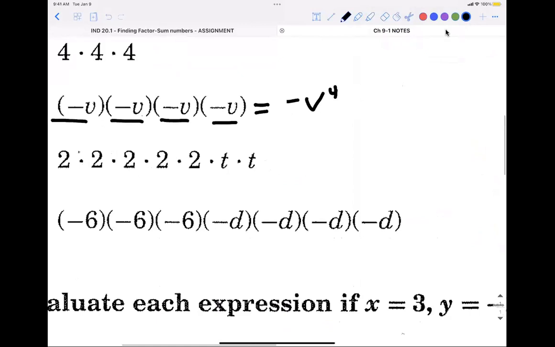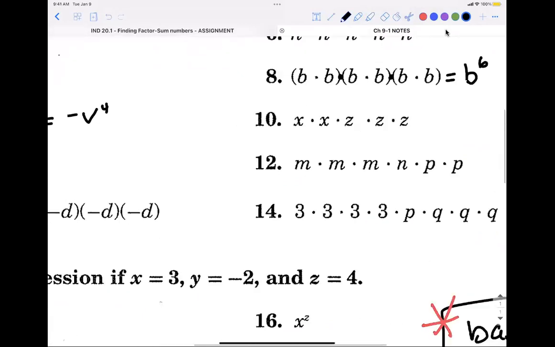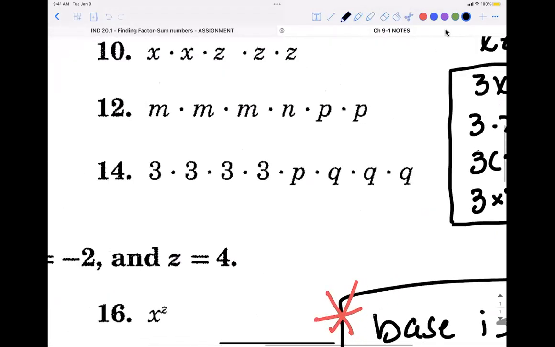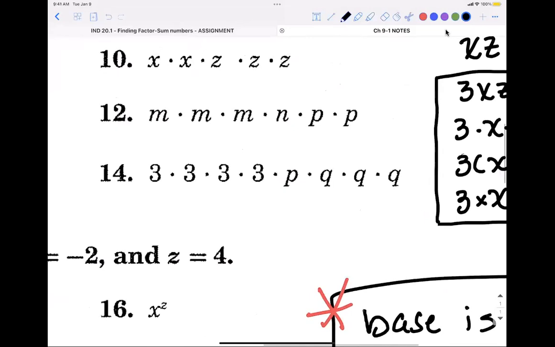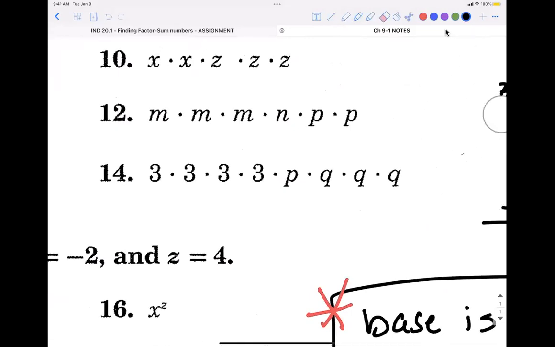All right, how about when we have, let's look at number 12 here. What if we have a bunch of different bases? Okay, give you a second to get that written down. M times M times M times N times P times P. Take it one base at a time. I've got some M's here. So I'm going to have in my answer M to the what power?